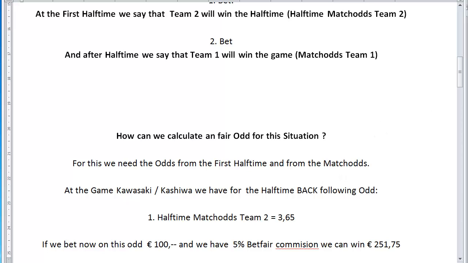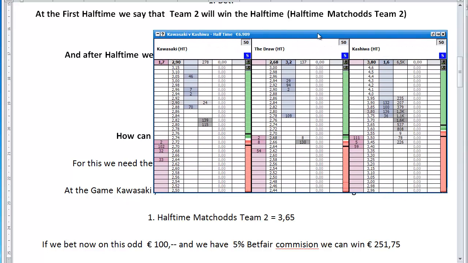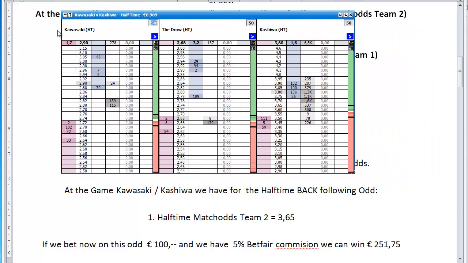You can see here the market for the first halftime, and at the moment the odds are matched around 3.65.